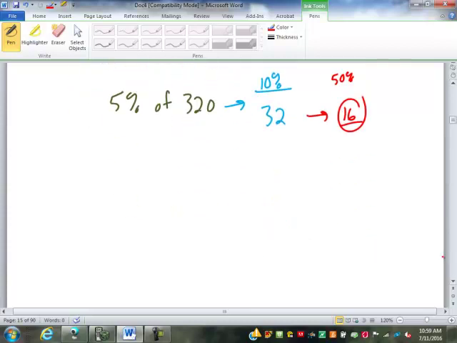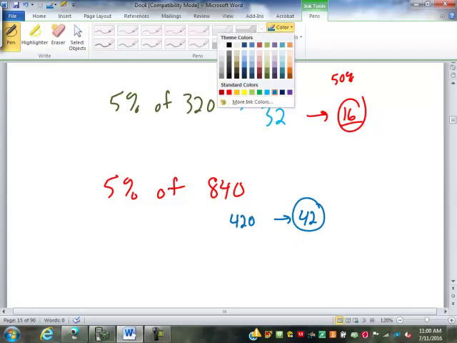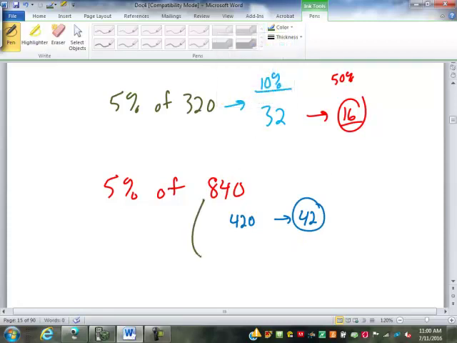Let's say I want to find 5% of 840. It all depends on how you think. Half of 840 is 420, then 10% of that would be 42. Some of you, it might be easier to say, hey, 10% of 840 is 84.